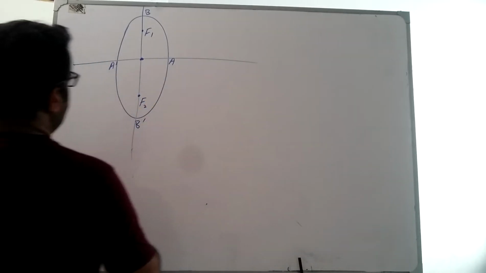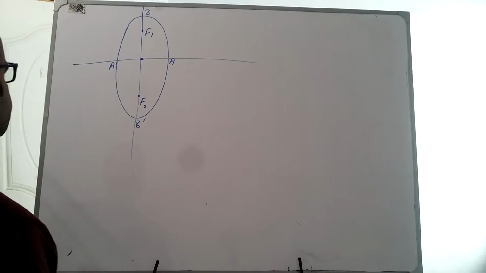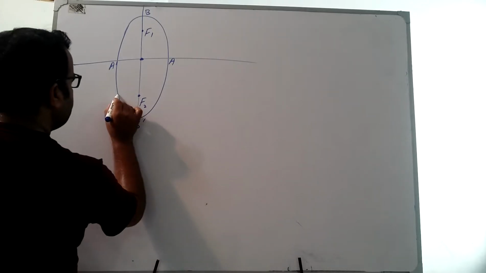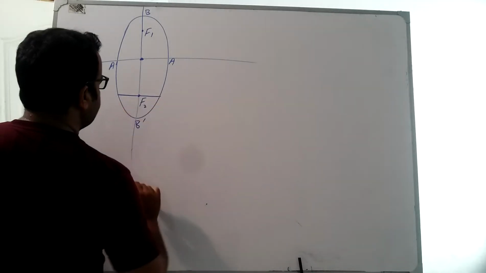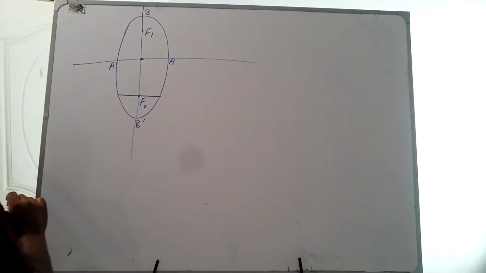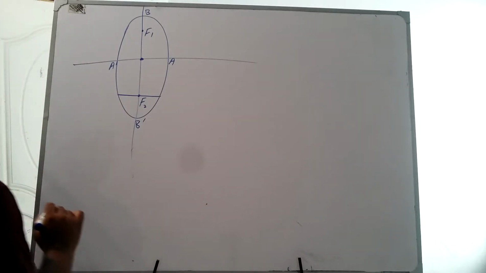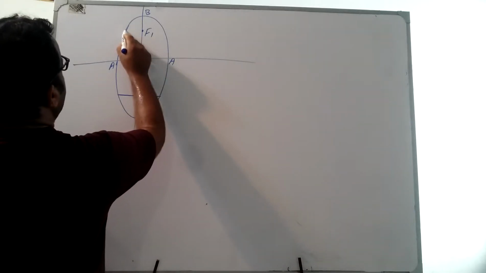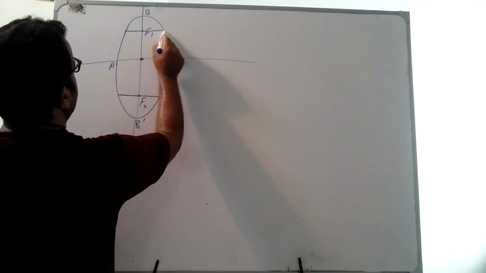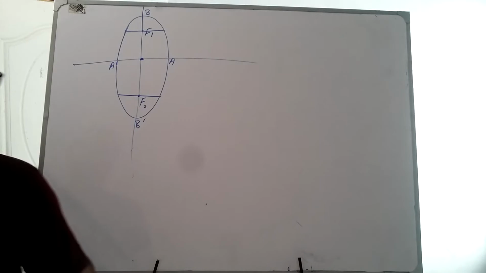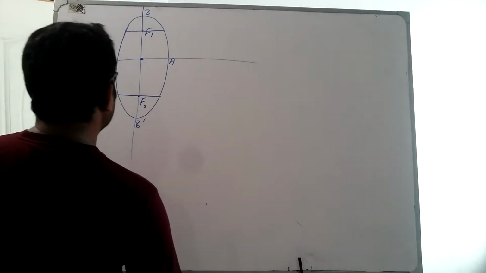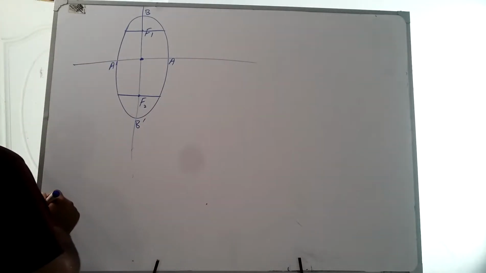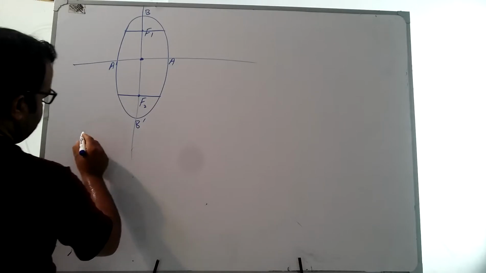These are the foci of the ellipse. The line which is perpendicular to the axis of symmetry passing through the focus is called the latus rectum, and since there are two latus recta, the plural is latera. Okay, so here is the directrix.